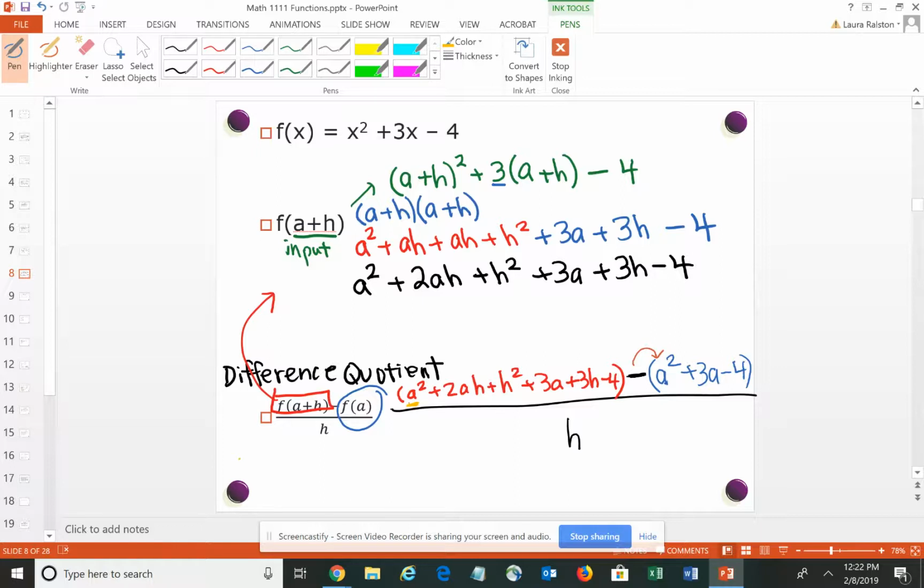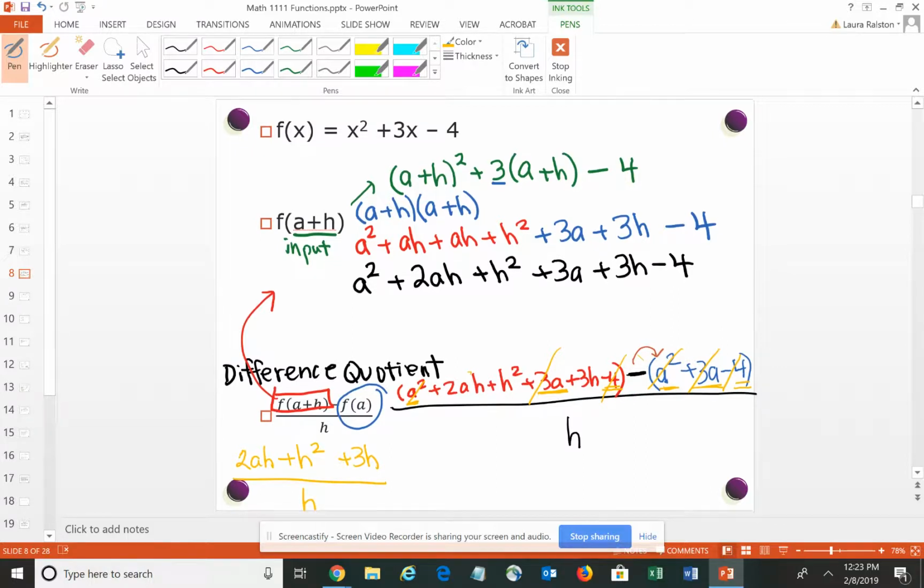Those zero out. I also have 3a minus 3a, so those zero out. I have minus 4 minus a minus 4, which is really plus 4, and those zero out. So then I'm left with 2ah plus h squared plus 3h, all divided by h.